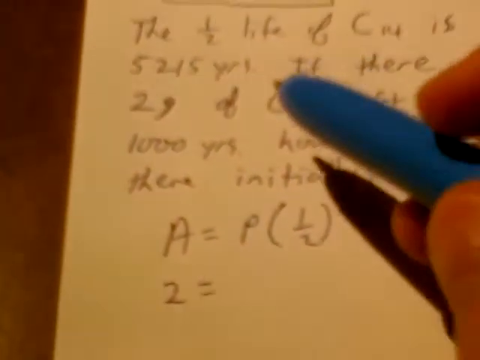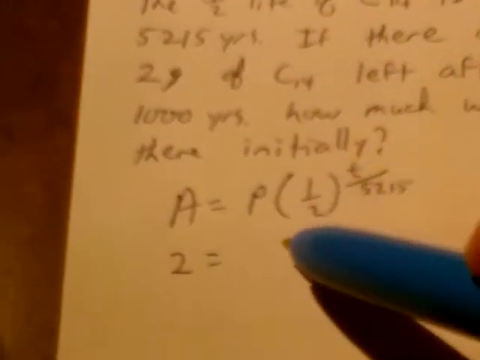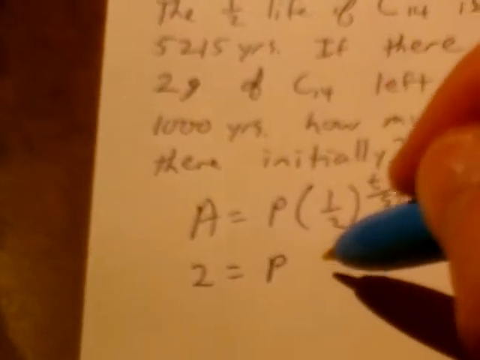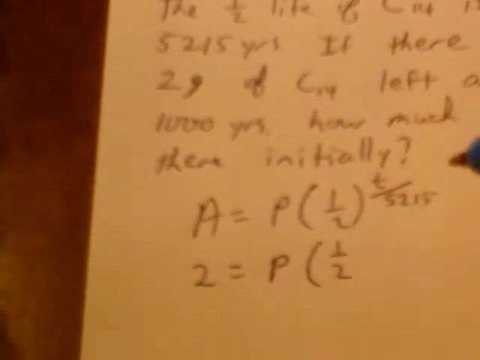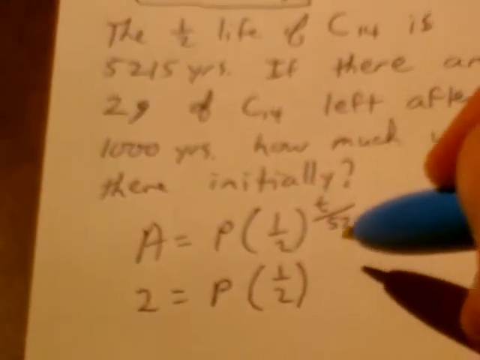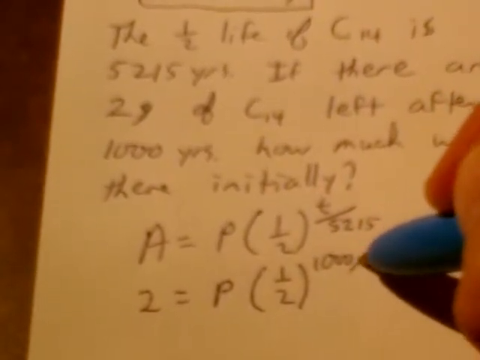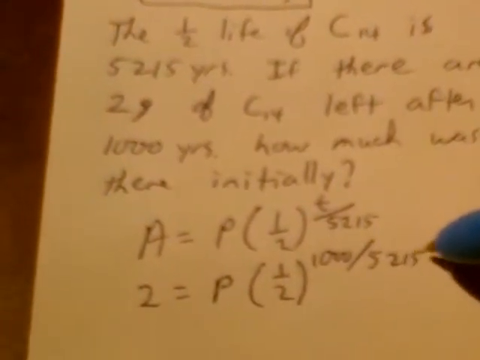So we know that there are 2 grams at the end, so that goes here. We just want to figure out how much there was initially. So P we're going to calculate. And then we have 1/2, and we still have 1,000 years again, divided by 5215.